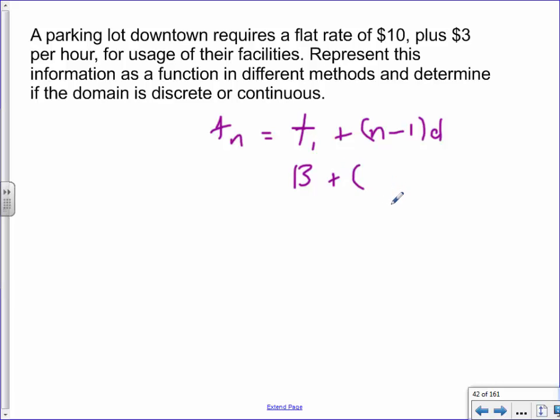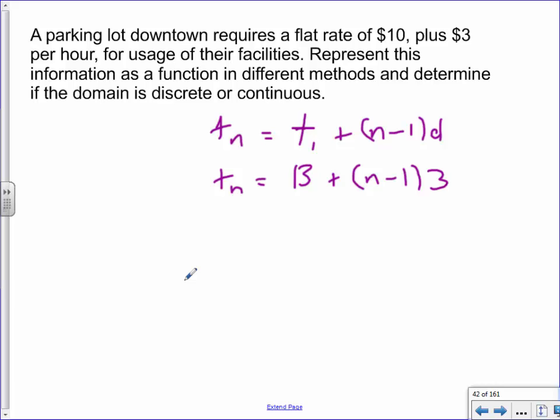Do we know how long you're going to be there for? No. I didn't say. Do we know what the common difference is? Yep, 3. And last thing, do we know how much it's going to cost us for our last hour? Again, no, because I don't know how long we're going to be there for. Often when I give you equations, I'll give you all of the variables but 1. When you write a function, we write all of the variables but 2. Does that make sense?